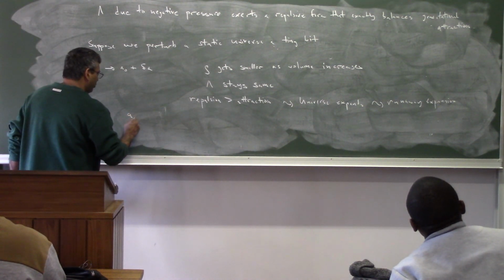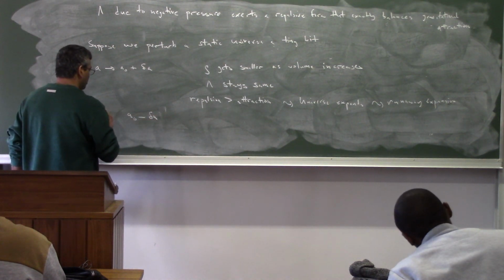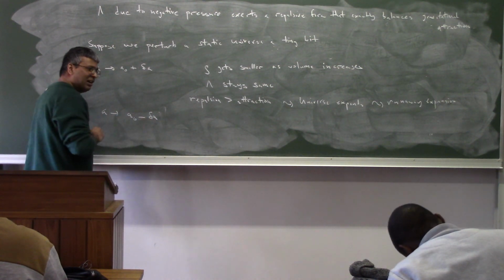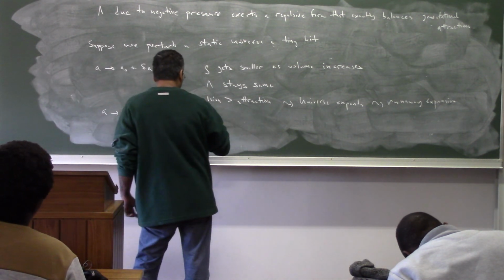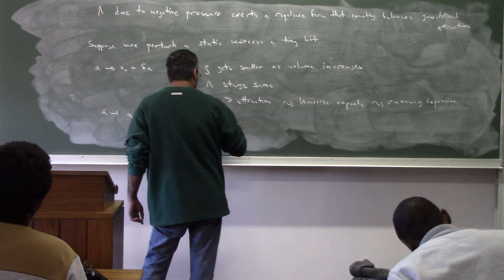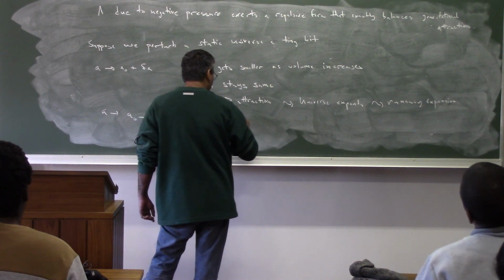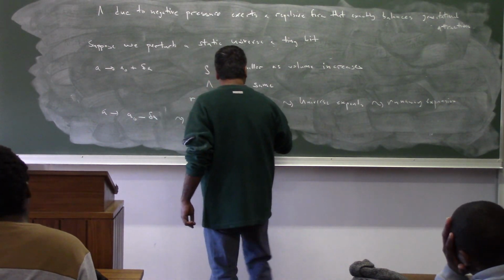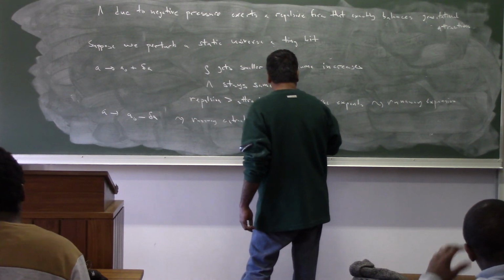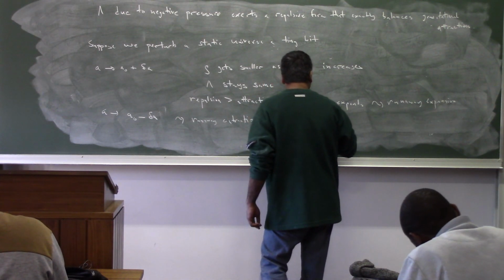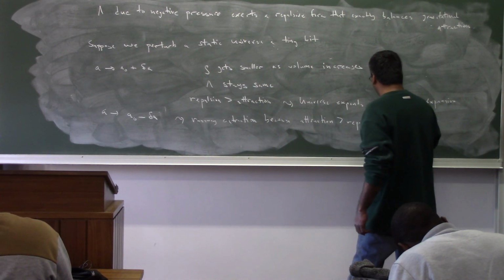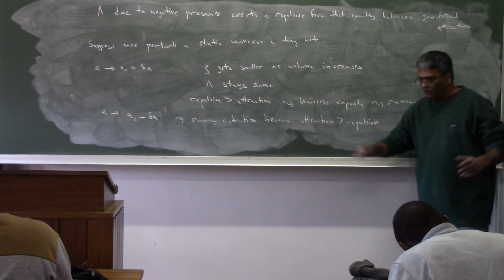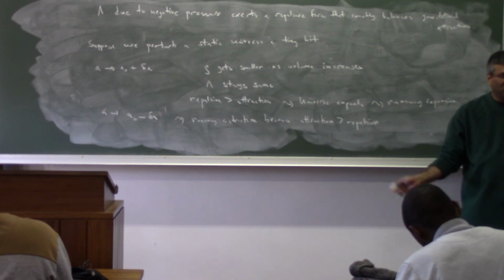Similarly, if we send A0 to A0 minus delta A, then we have a runaway contraction. Because now the attraction is bigger than repulsion, due to the universe getting smaller, the mass density increased.